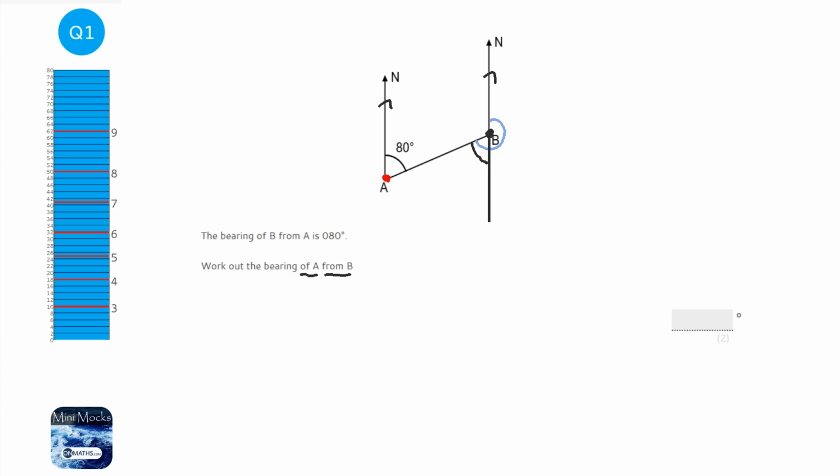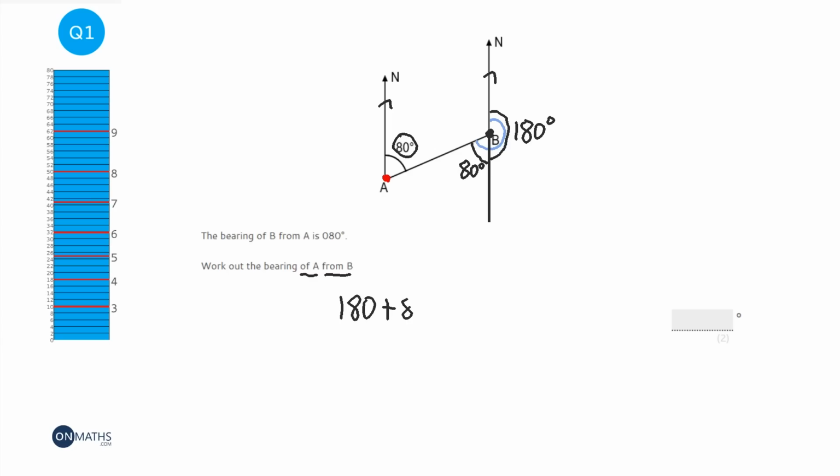This angle here will be the same as this angle here because they're Z angles or alternate angles. So that's also going to be 80. We know this one is a straight line, so we know this is going to be 180 degrees. So all we need to do to work out the bearing is do 180 plus 80, and when you add them together you get 260. So the bearing is going to be 260.